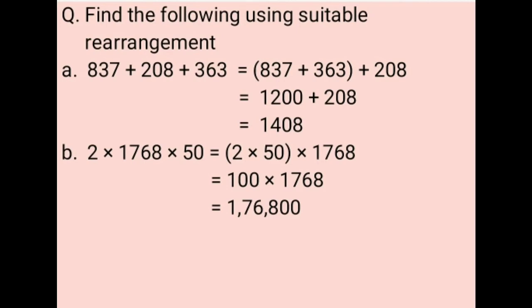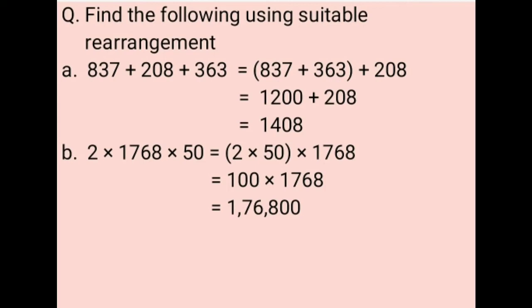Find the following using suitable rearrangement. Here we need to use the properties to make this calculation easier. 837 plus 208 plus 363. Look at the first and third numbers: 37 plus 63 becomes 100. So 837 plus 363, let us interchange 208 and 363.